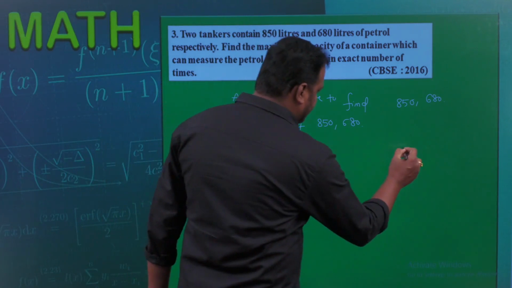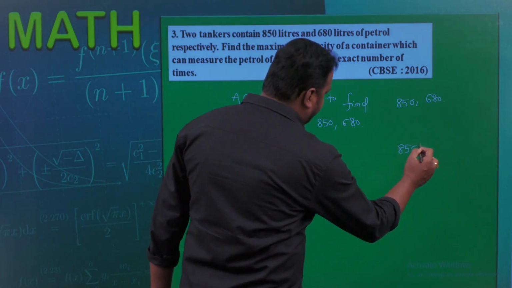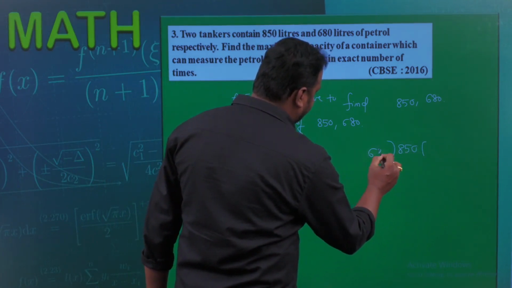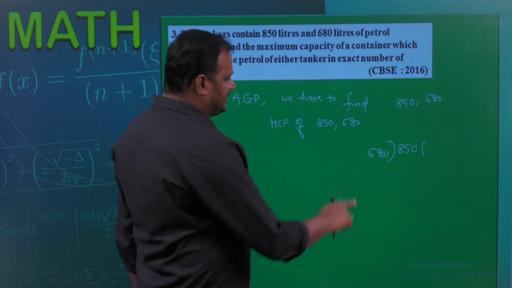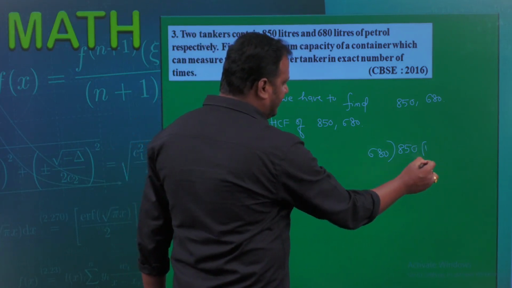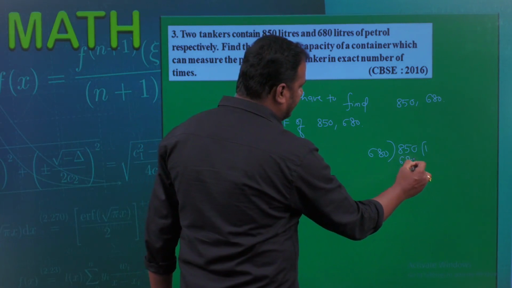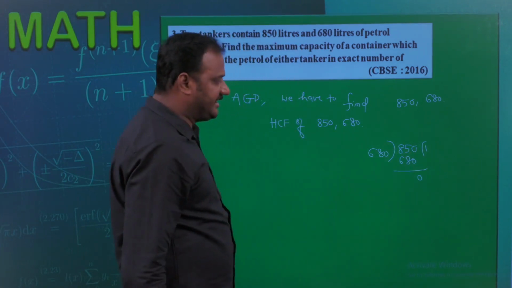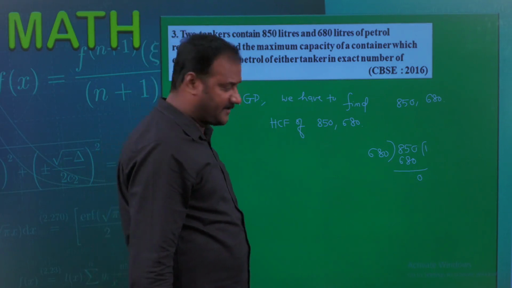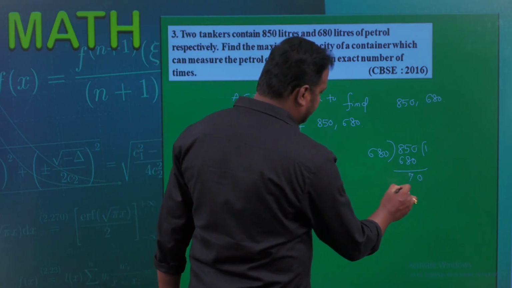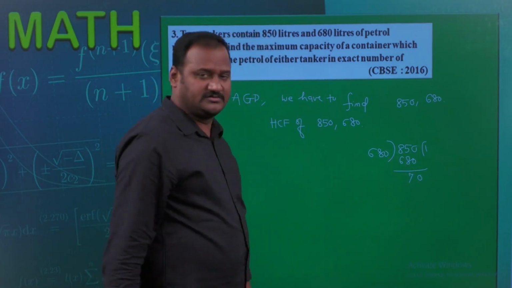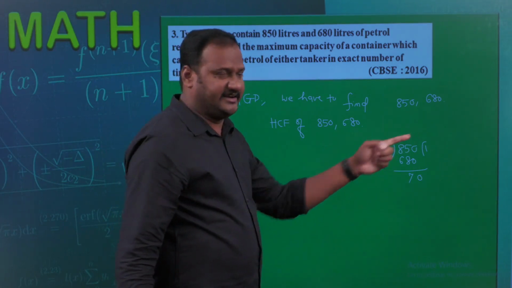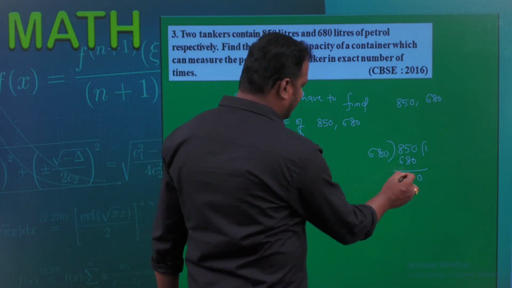Taking 850, dividing 850 by 680. 680 goes only one time. Then 0 minus 0 is 0. What is 15 minus 8? Sorry, 7. Then 7 minus 6 is equal to 1.